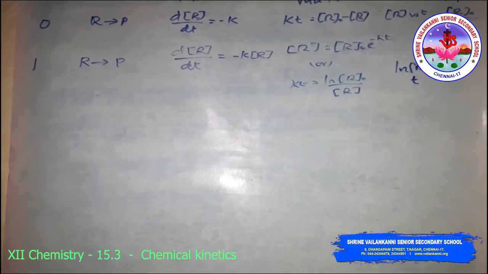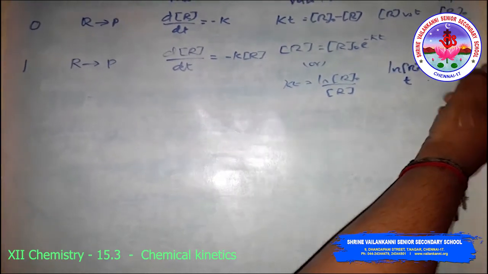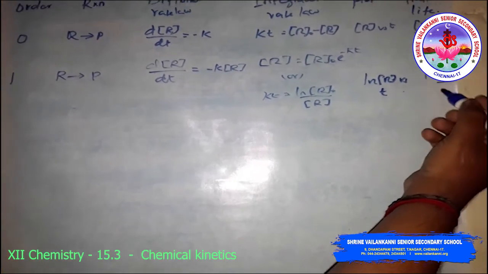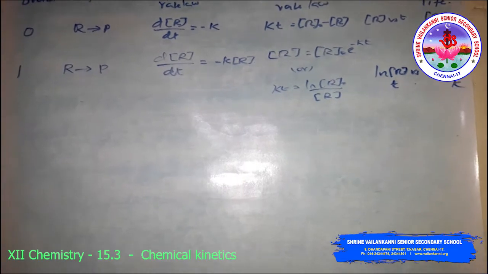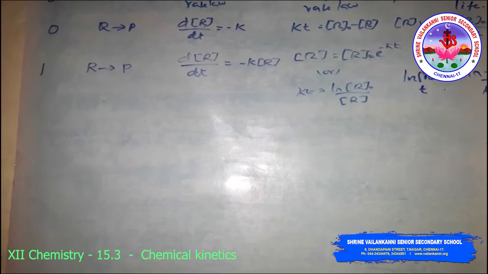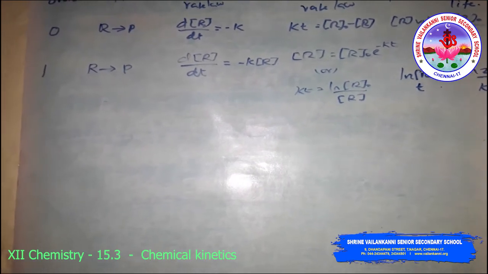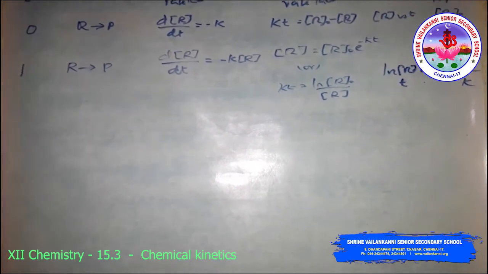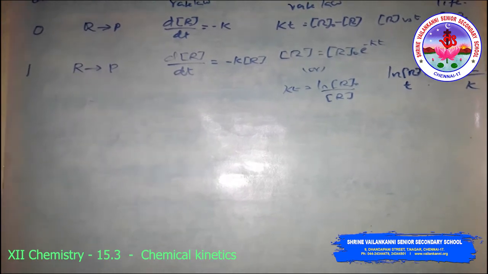The half-life is ln 2 by k. The unit will be second inverse or time inverse. So this is the integrated rate law for the zero order and first order reactions.